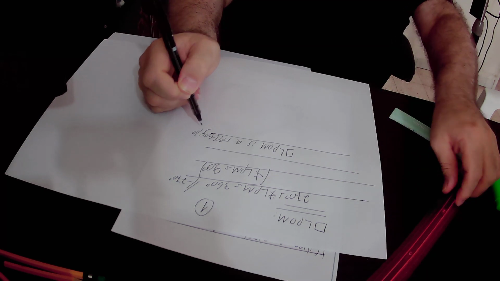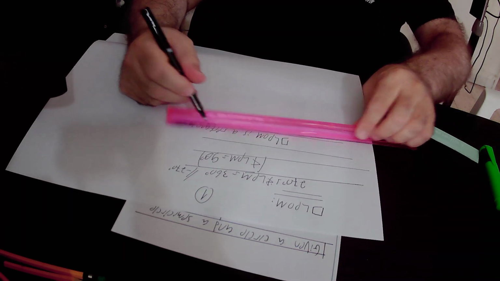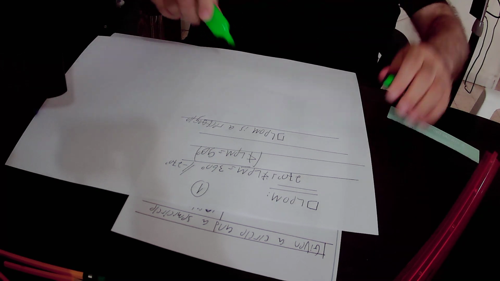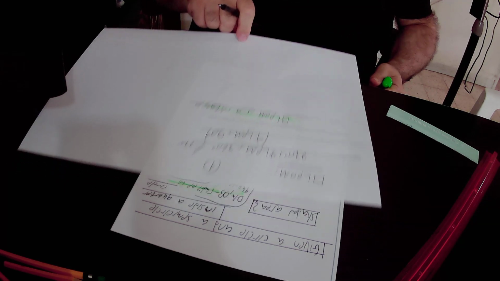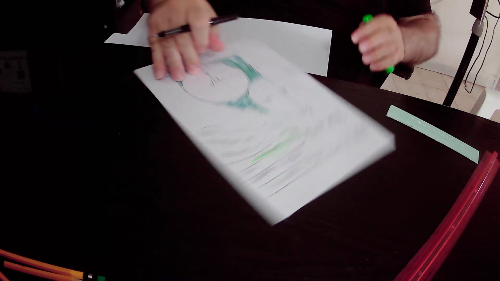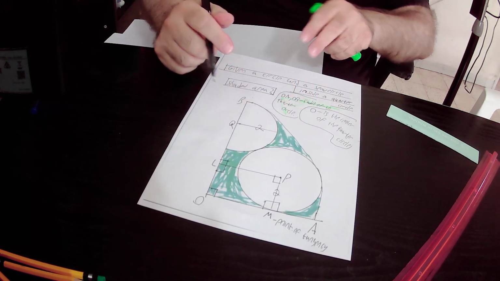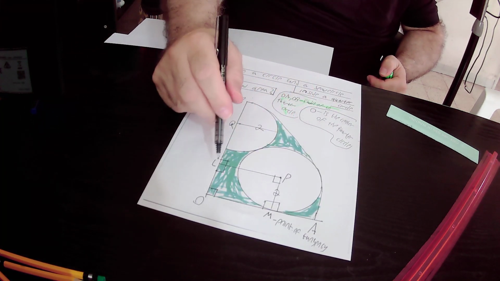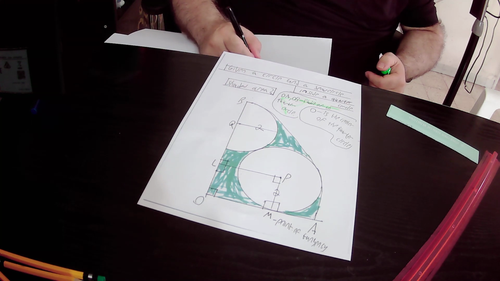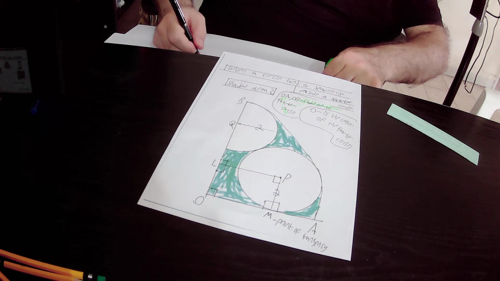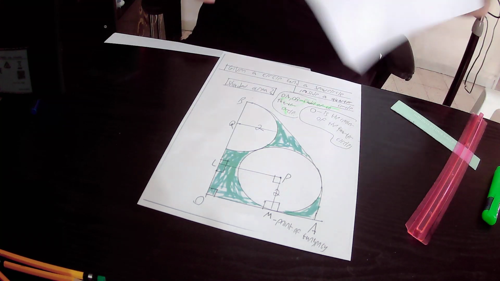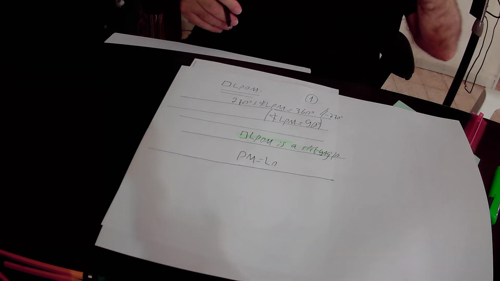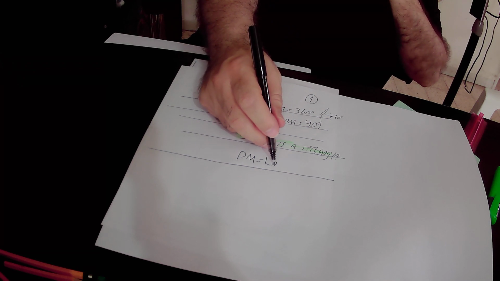Why? Because it has 4 right angles. But we also know that the opposite sides of a rectangle are equal to each other. That is to say, in rectangle LPOM, side PM equals side LO. PM equals LO according to the rule that the opposite sides of a rectangle are equal to each other.